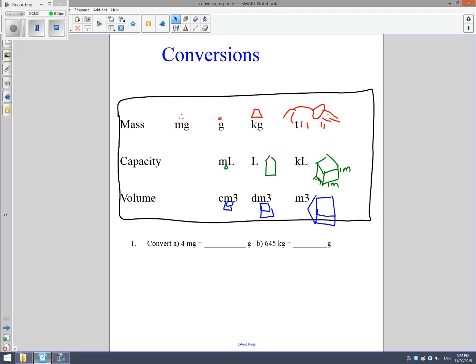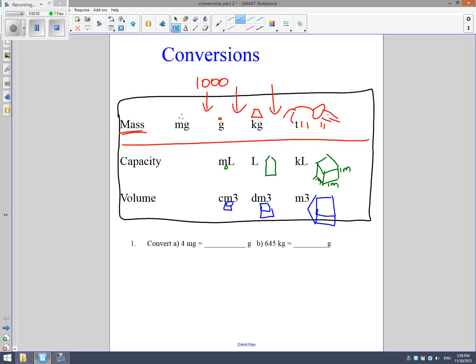So if we look at our first example here, the first part of the test was just having you convert mass quantities. So all you're really looking for in the first question is this line right here. And you know there is 1,000 of each of these in each of these holes. So when you convert, you're using the number 1,000. And if we are going to convert milligrams to grams, we're going to go from here to here.